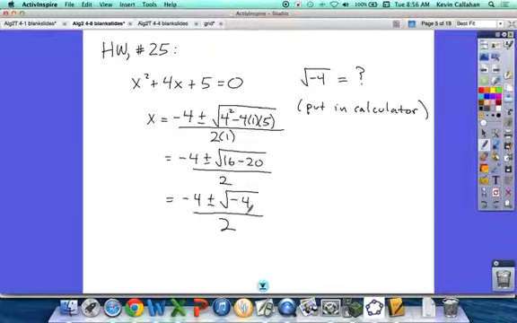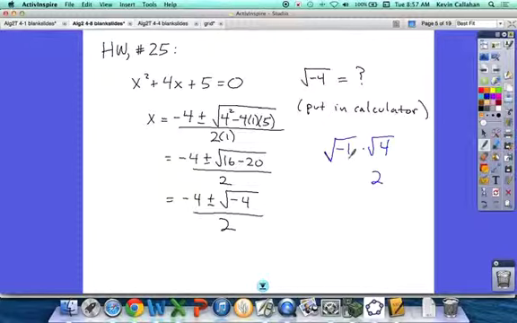Okay, so we need a way to deal with something like the square root of -4. Now, what part of that can we not do? If I split up the square root of -4 into the square root of -1 times the square root of 4, I can simplify the square root of 4. That's 2, right? It's the square root of -1 that I cannot simplify.